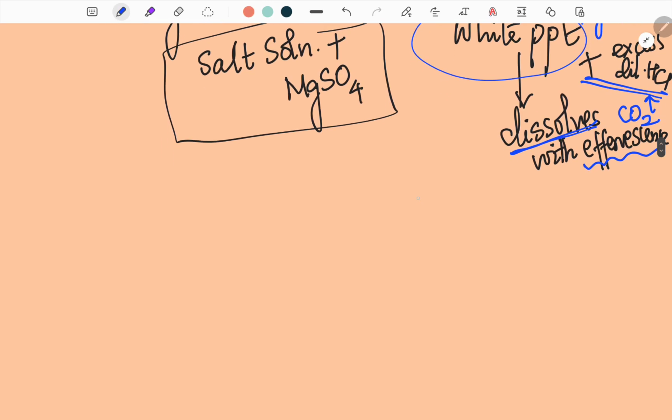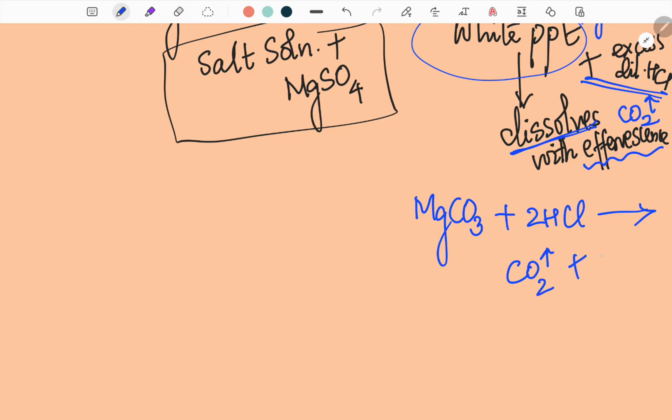So, I will write the reaction here. Magnesium carbonate, that is the white precipitate, reacts with HCl and it gives out carbon dioxide vapors, and it also releases water, and it gives a salt which is magnesium chloride.